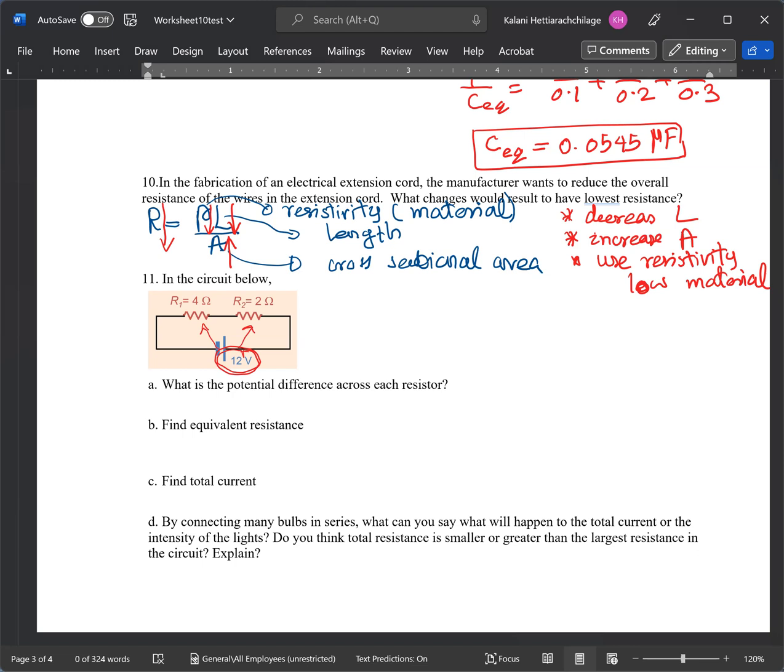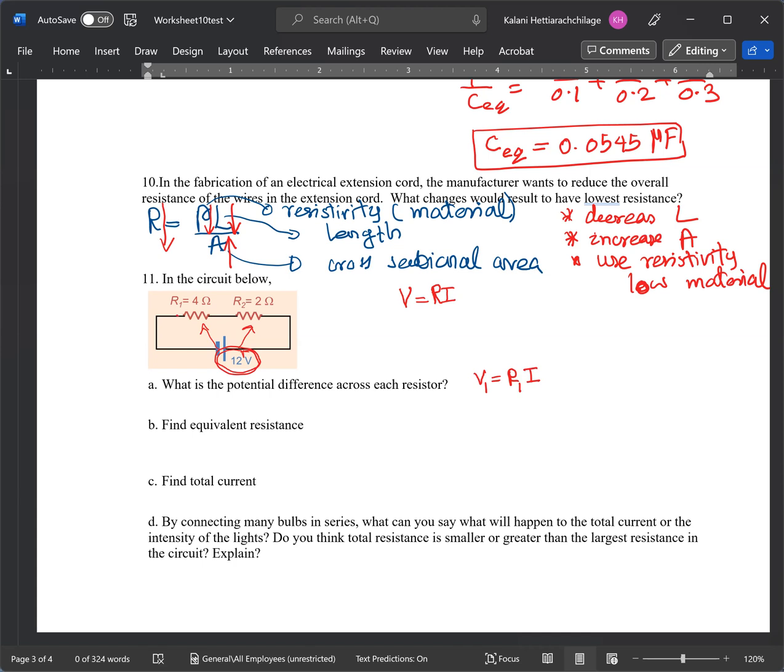So now we need to think about Ohm's law. Ohm's law is saying the potential of any resistor will be equal to the current times a constant. That constant is the resistance of that resistor, right? So that means if I want to write it for the R1 resistor, the voltage across this resistor will be equal to R1 times the current of that circuit, right?